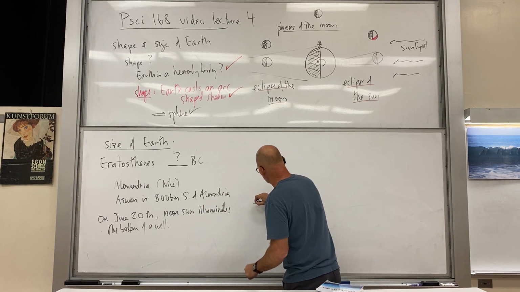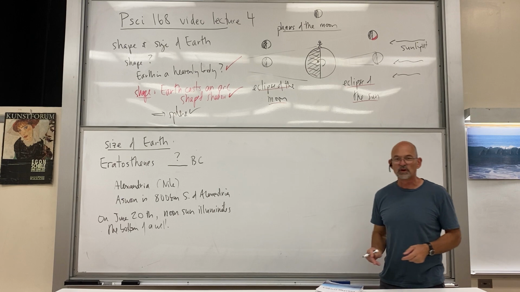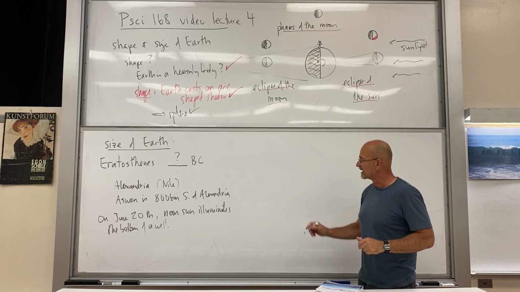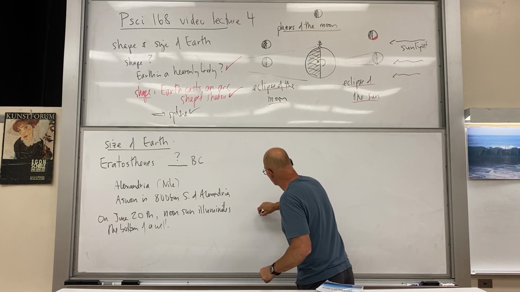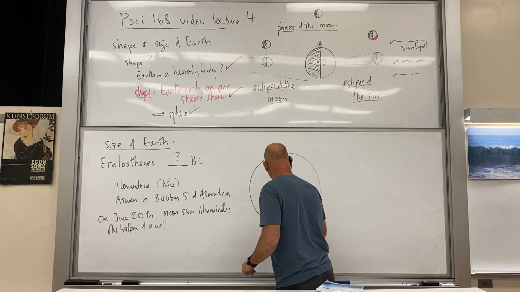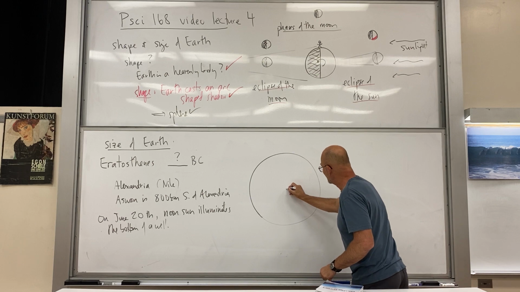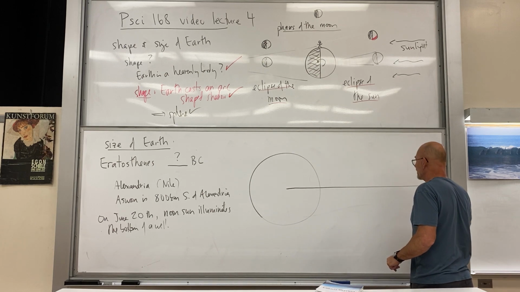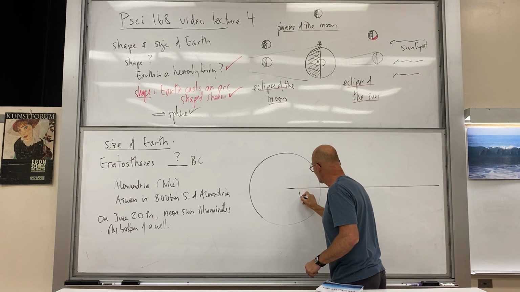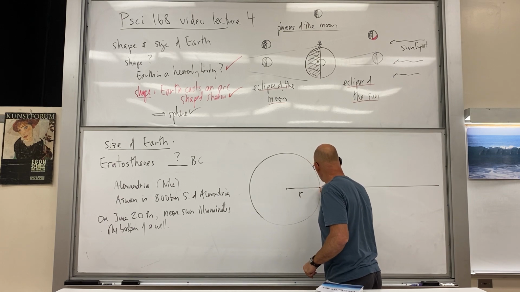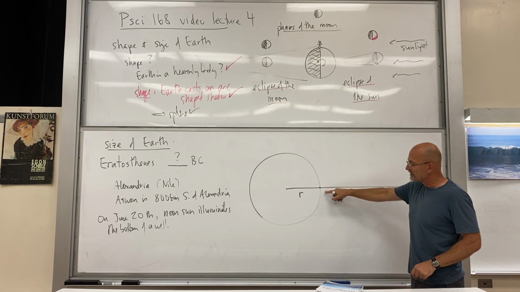When you're making these sketches in your notes, the bigger the better, because we want to make them neat and label them so we can understand the geometry. So here's the spherical Earth for Eratosthenes. There's the radius of the Earth from here to here, and this happens to be Aswan.